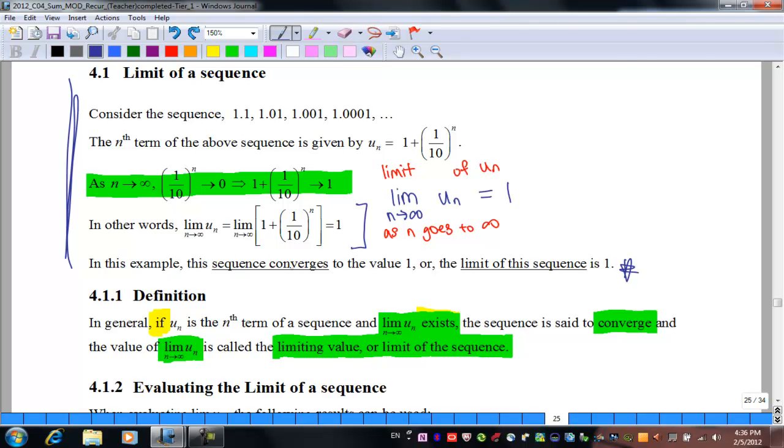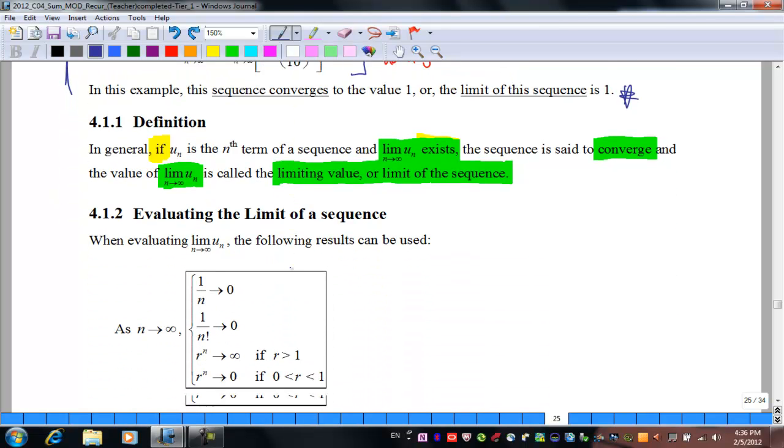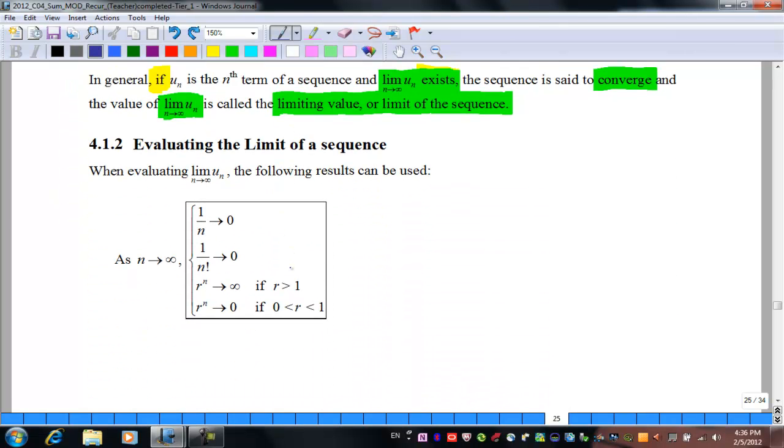Okay, now before we can go on to evaluate limits of sequences, here are some important things which are useful. Please put a star at this table. As n goes to infinity, 1 over n goes to 0. Now why is this? I'll work through each of these with you very quickly. Now n goes to infinity, this is a very hard thing to visualize.